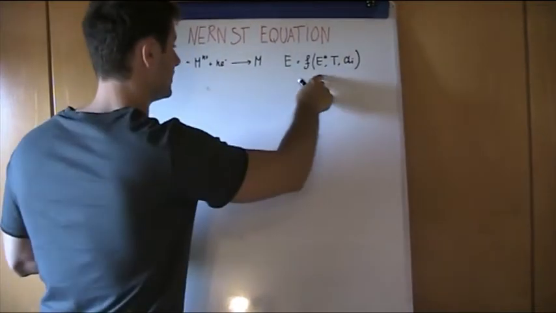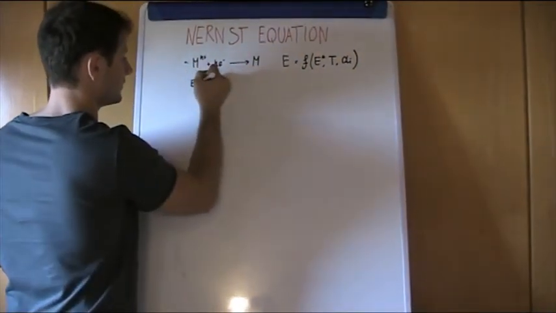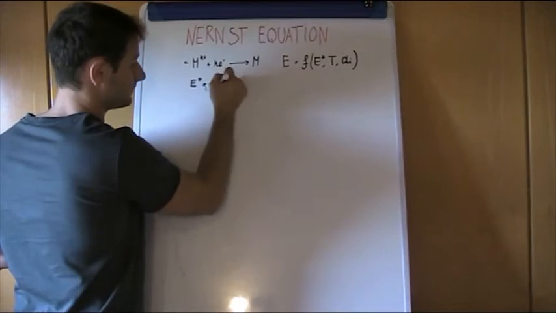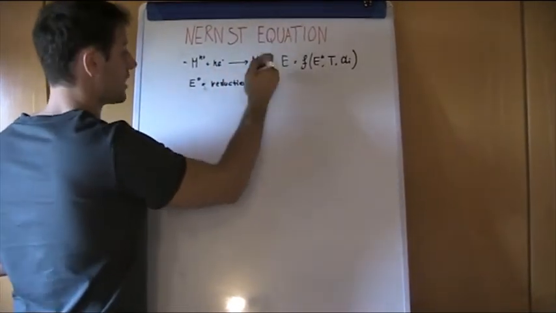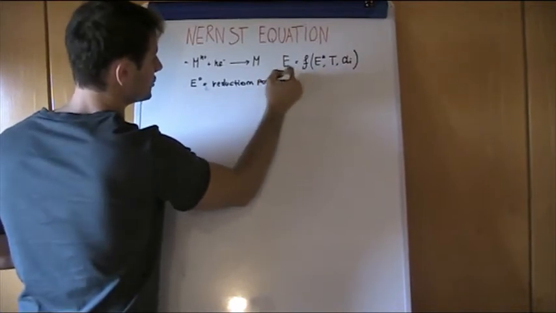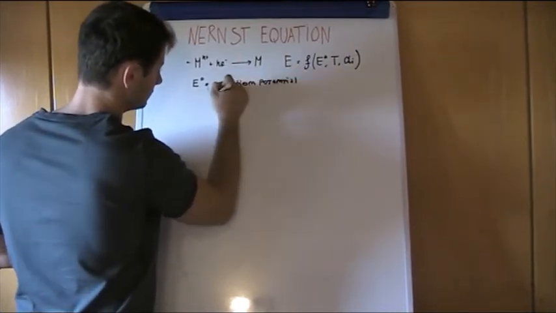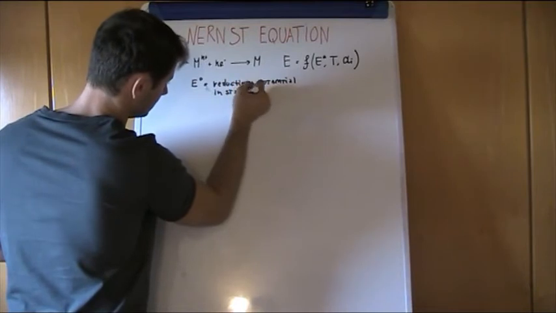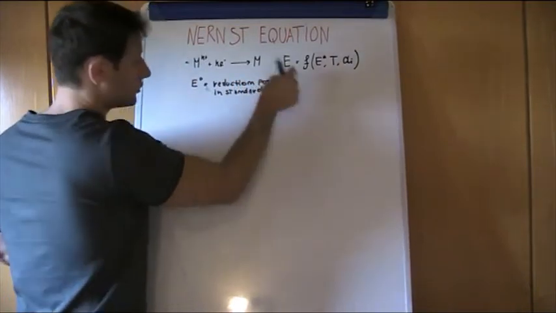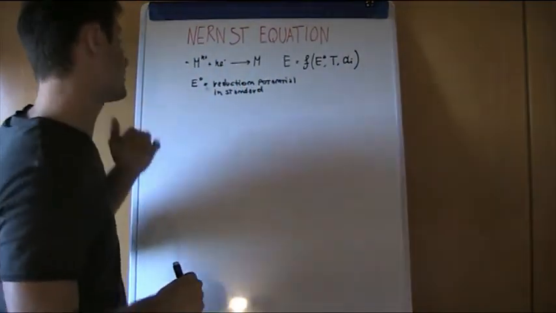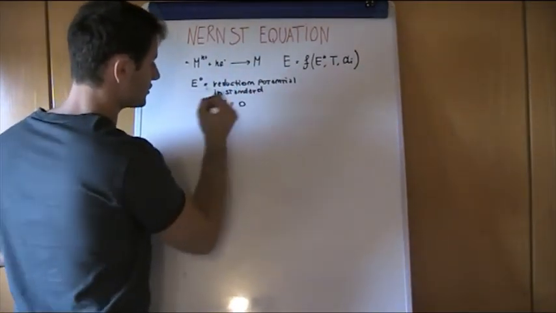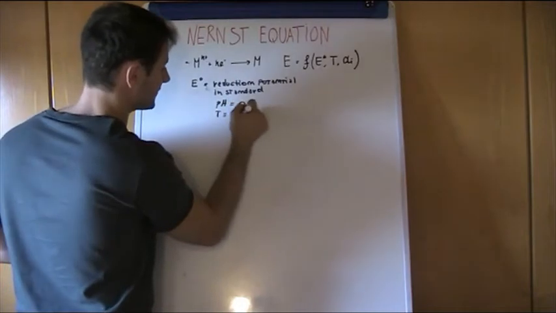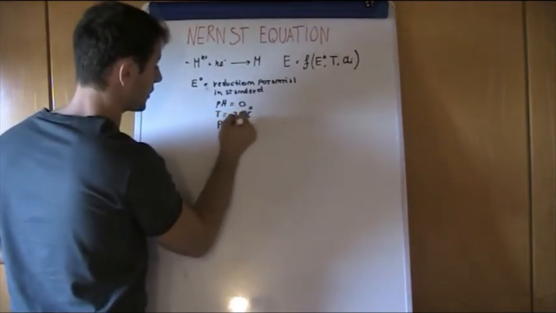For instance, the reduction potential, obviously open circuit as this one, in standard condition, refers actually to the reduction potential in conditions in which the pH is equal to 0, the temperature is 25 Celsius degrees, and the pressure is 1 bar.